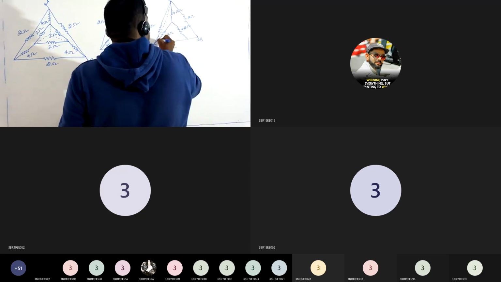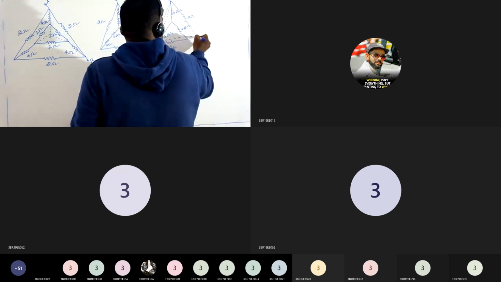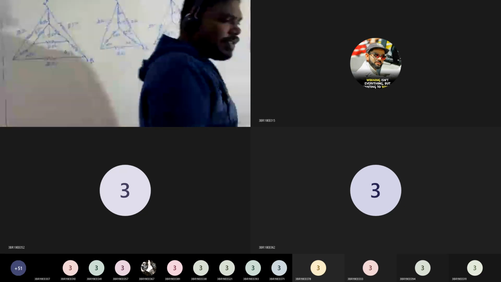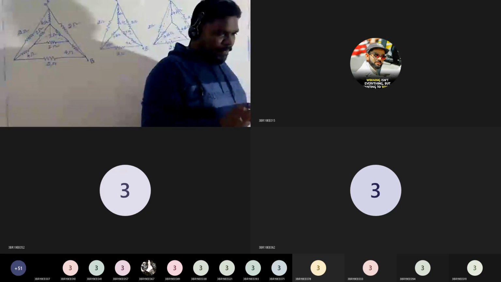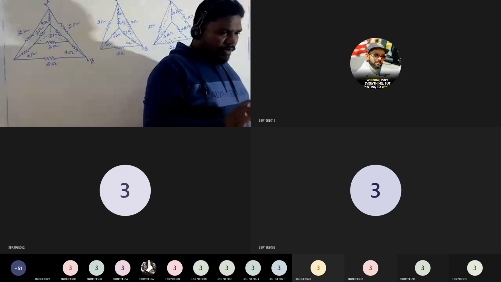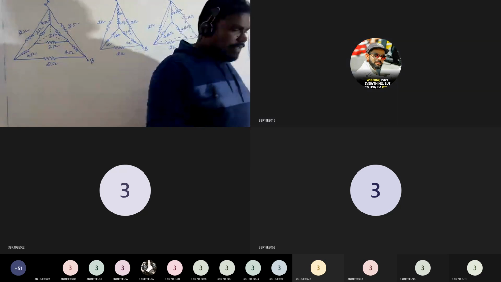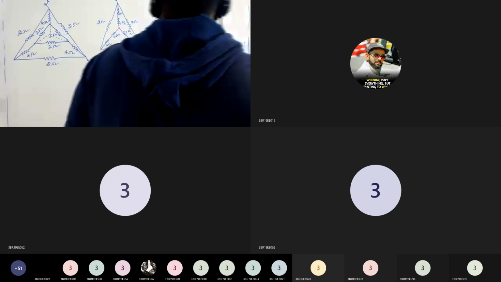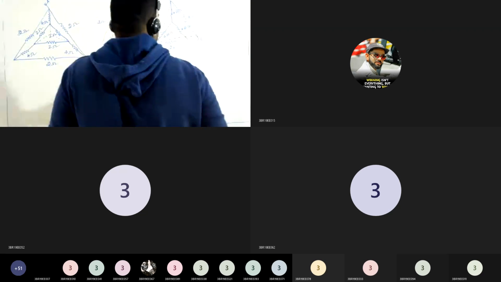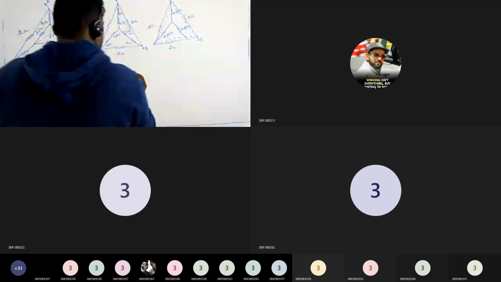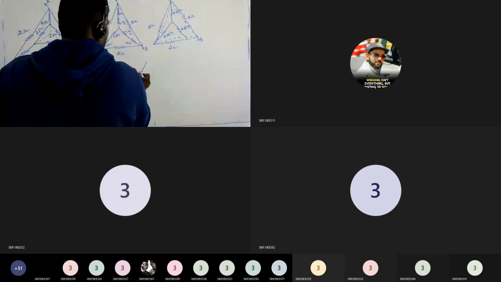Then I get two delta connected networks in parallel. When two delta networks are in parallel, it will result in a single delta. So transform the star to delta. After transformation, you get a circuit like this.